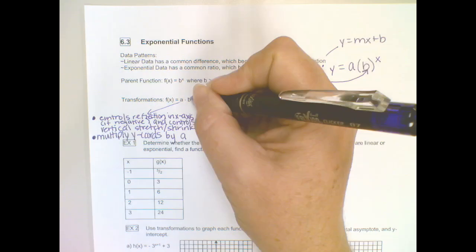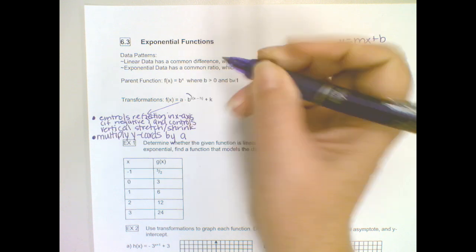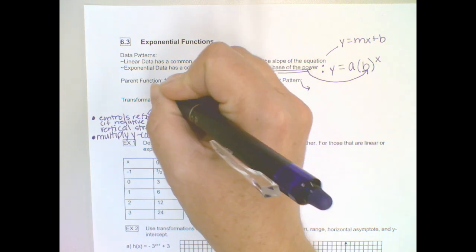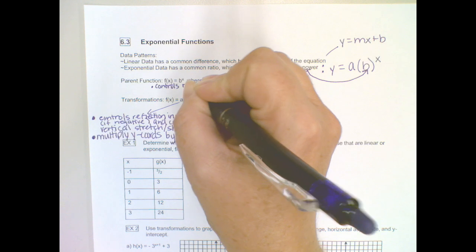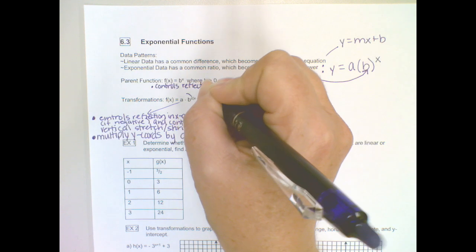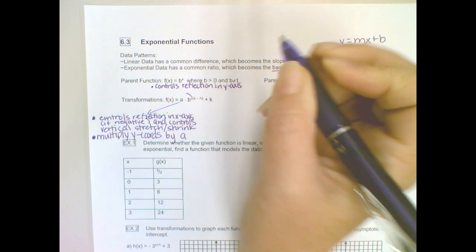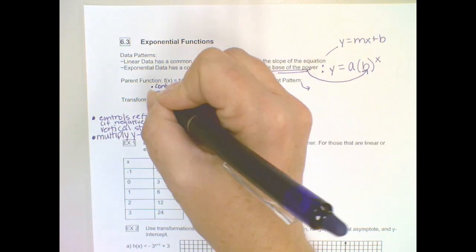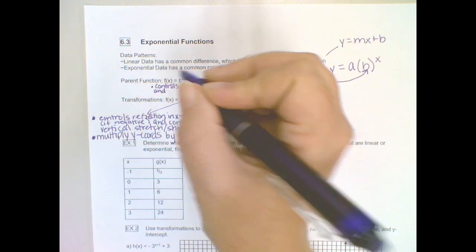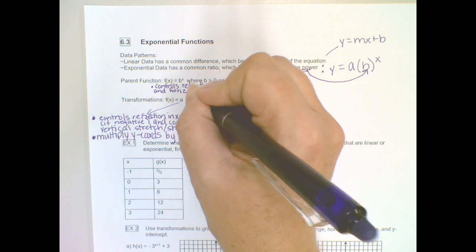c is also a multiplied value. c controls reflection in the x or y-axis. Sorry, we just did x-axis. And that's, of course, if it's negative. And horizontal stretch and shrink.